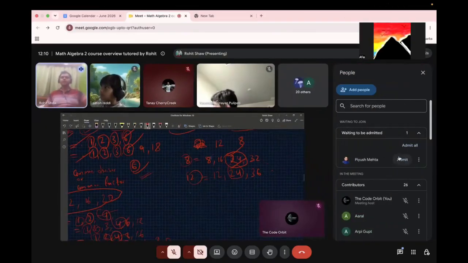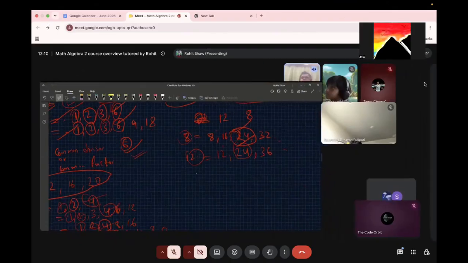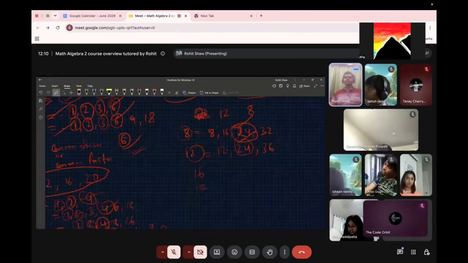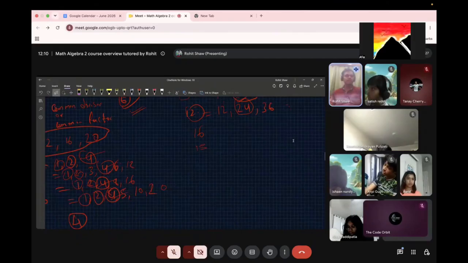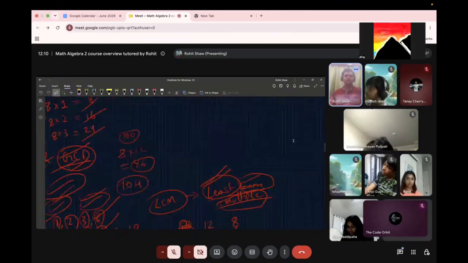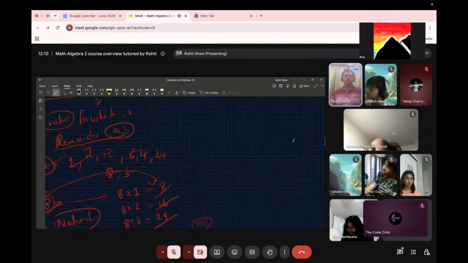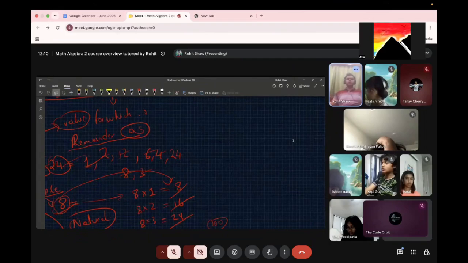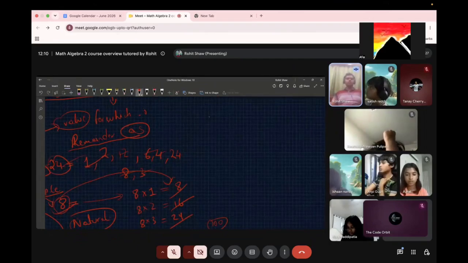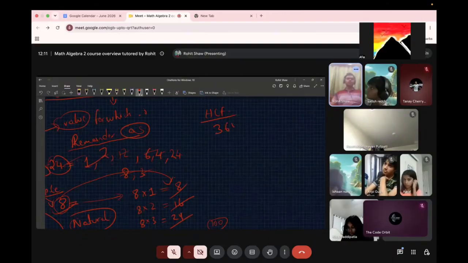You can do it for any numbers, like 16, 15. So there are ways to find LCM and HCF. Now the problem comes when you need to find the HCF of 364 and 216.